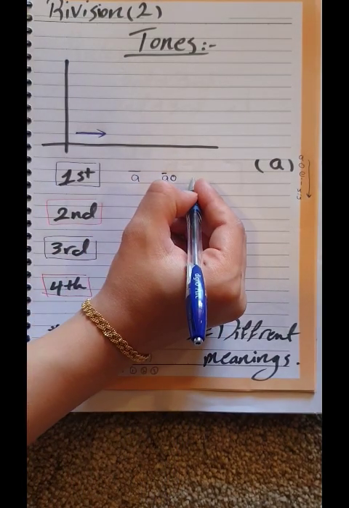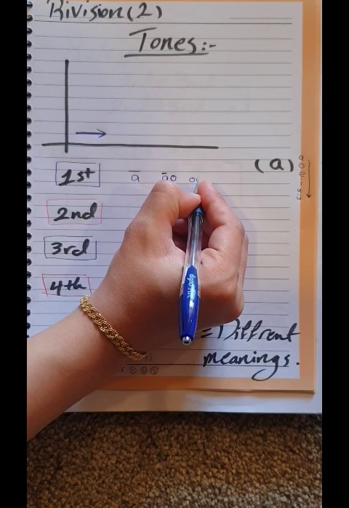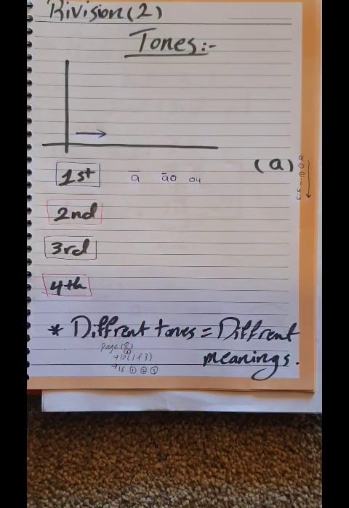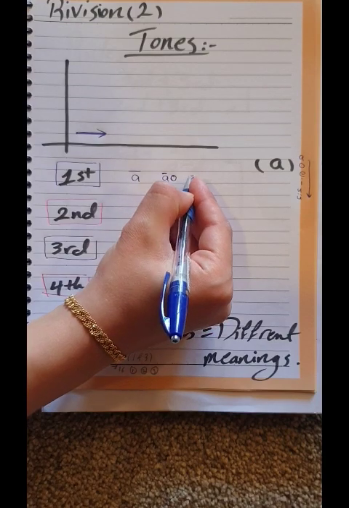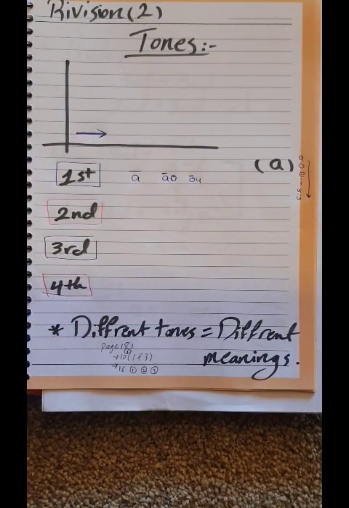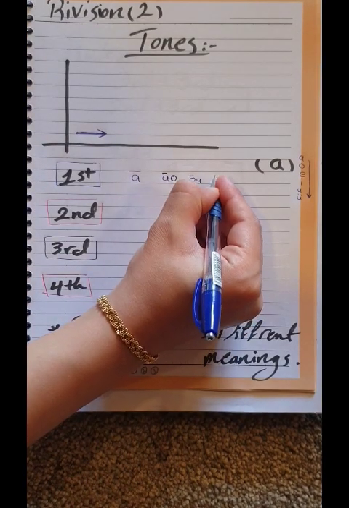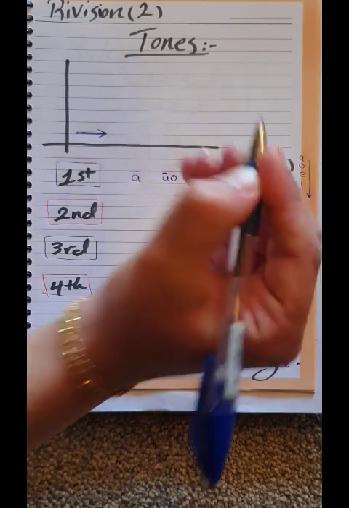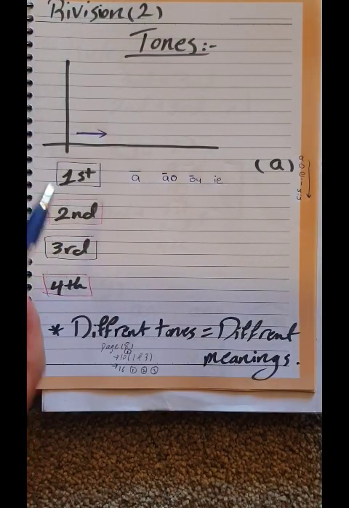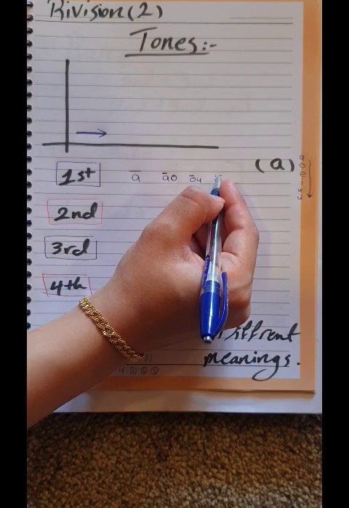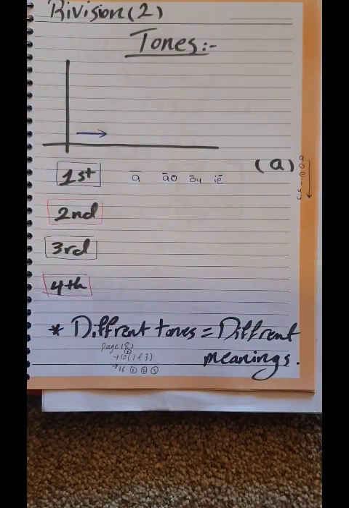And for example, with another combination, you write above the o. So where you open your mouth wider, you put your tone above it, and only one tone in every single word.